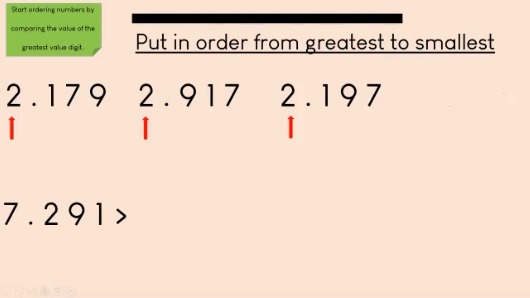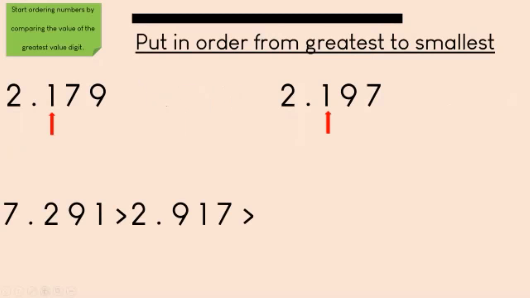So we put that down here, and we're still using our greater than symbol to indicate that this number is greater than what follows. Okay, so we're going to then take a look in the tenths column. They've all got the same ones digit, so we'll take a look in the tenths. This has got 9 tenths, this one's got 1/10, and this one's got 1/10. This is my greatest value number because it has the greatest number of tenths.